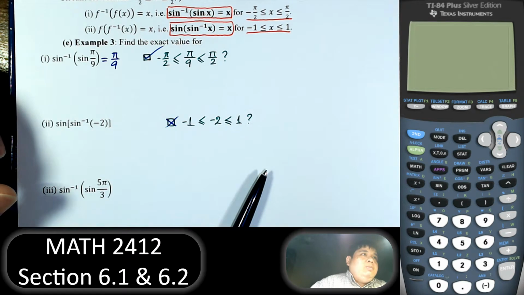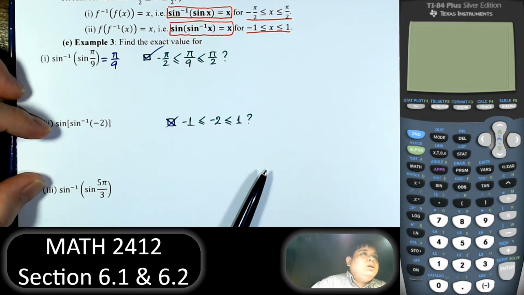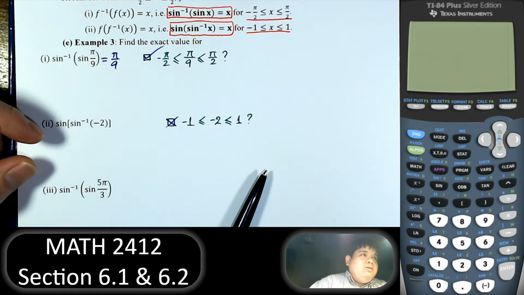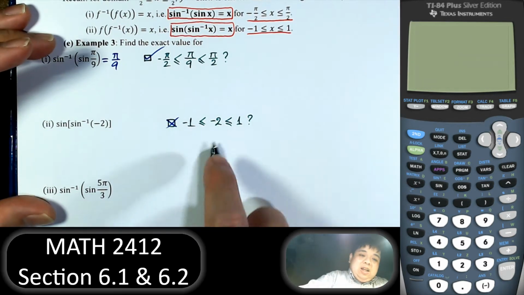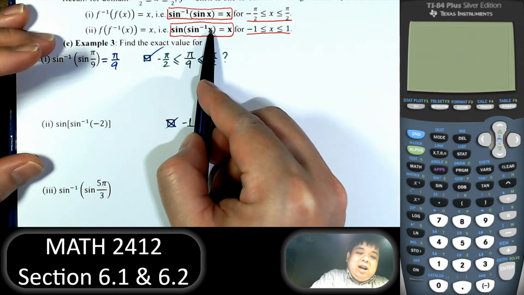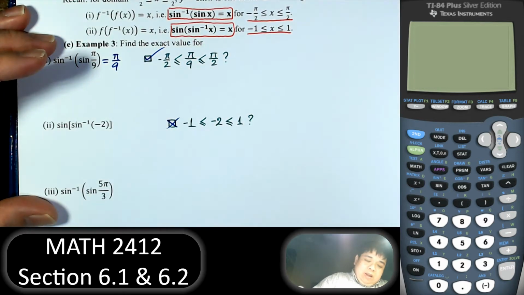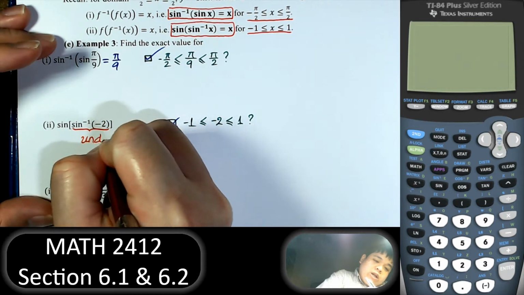Sine of sine inverse of negative 2. Okay, there's some error about this. So what's wrong here? Sine inverse of negative 2. Now, that is the problem in the domain. Because for sine inverse of x, whatever the number is, it has to be between negative 1 and 1. So we just say that sine inverse of negative 2 is undefined. So the whole thing is undefined.